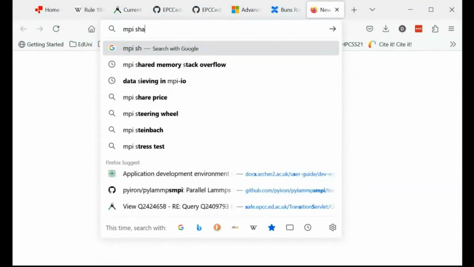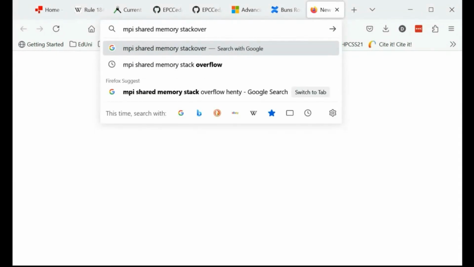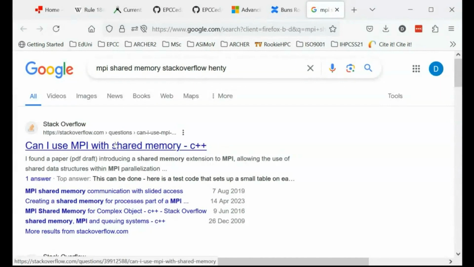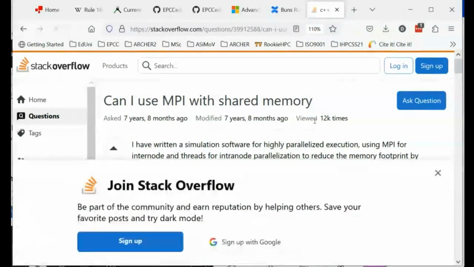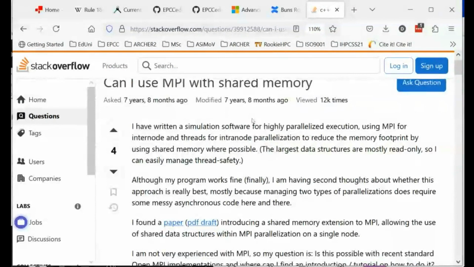If you search for MPI shared memory stack overflow, and maybe my name, Henty, you'll find 'Can I use MPI...' and I posted an example there, a long time ago.